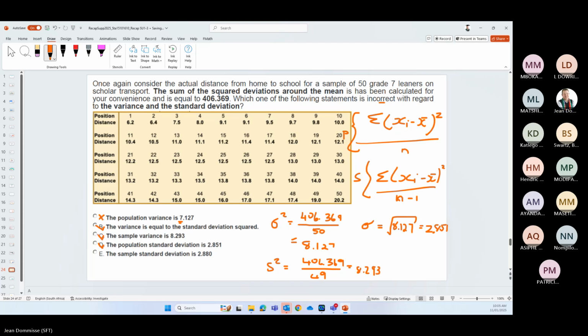And if we then take the square root of that, we will get that this sample standard deviation is 2.880.